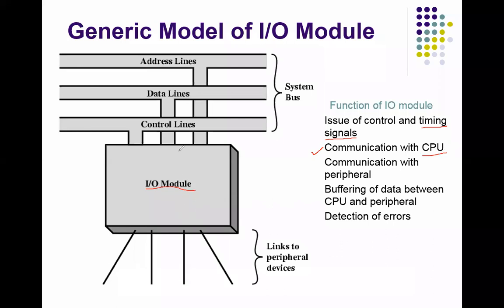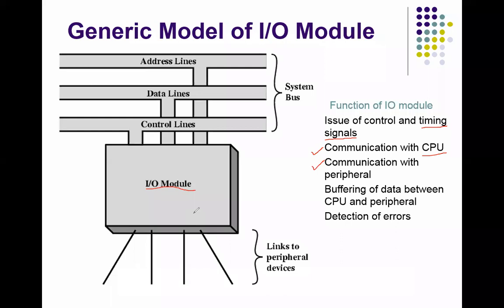So this IO module helps to communicate with the CPU. Whatever data the peripheral devices put will be transferred to the CPU. This IO module communicates not only with the CPU but also with the peripheral.